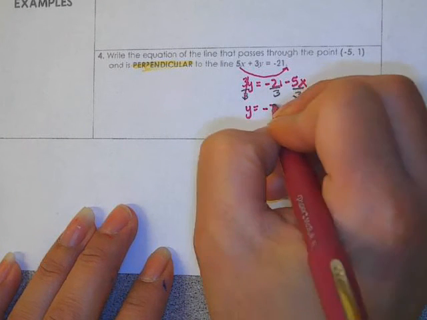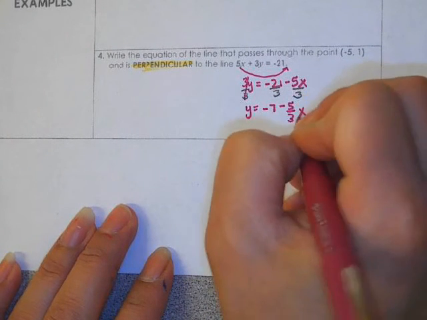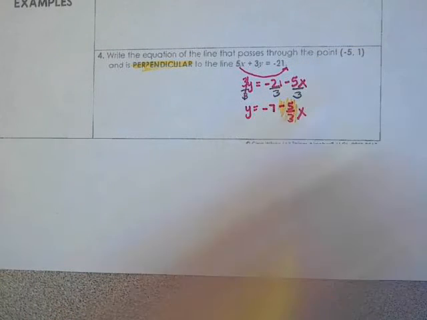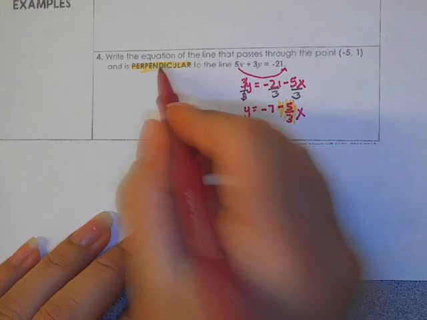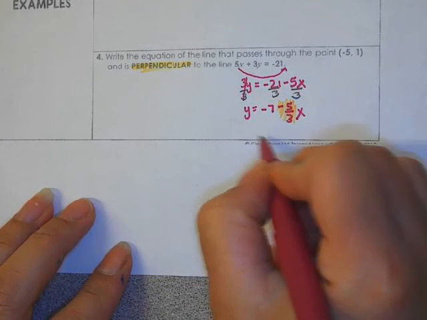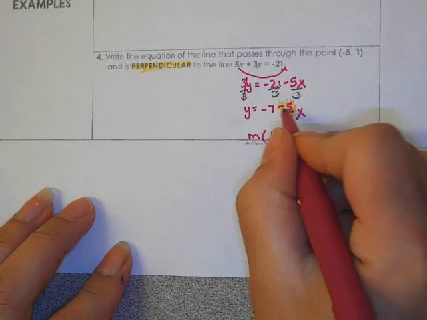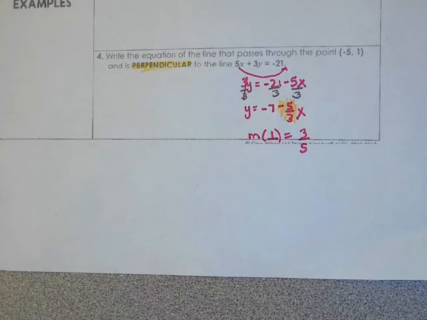Y equals -21 divided by 3 is -7. And then -5/3 is going to stay -5/3. So now I can tell you that the slope is -5/3. But because it says perpendicular, that is not the slope I'm going to use. I'm going to have to change that slope by doing 2 things: making it positive and flipping my numbers.